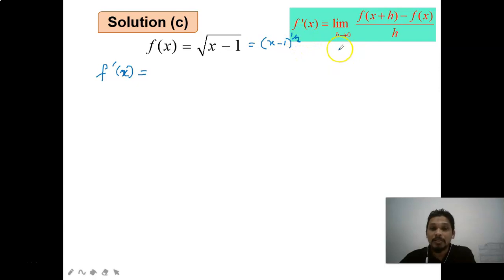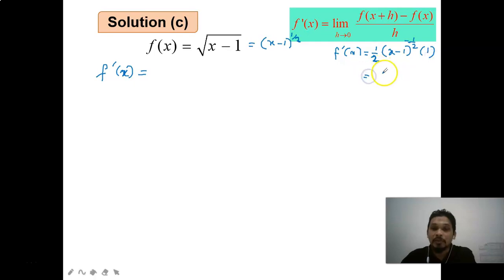Okay, so we keep this as a reference for our final answer. f prime x for this one, bring half, 1 over 2, x minus 1 to the power of half minus 1, equal to negative 1 over 2, and differentiate x minus 1 equal to 1.